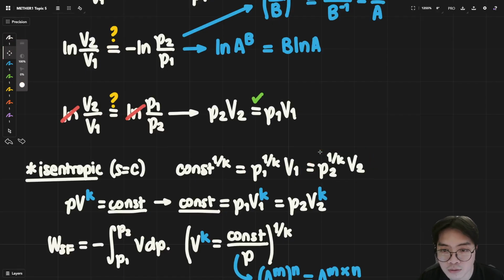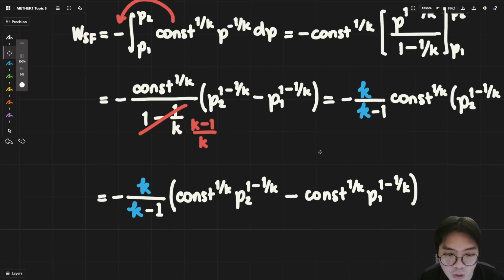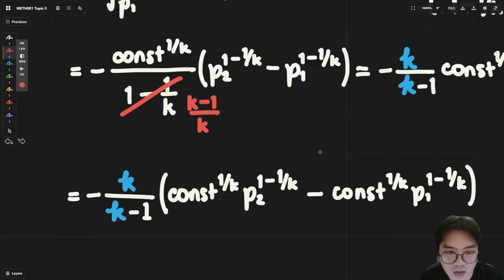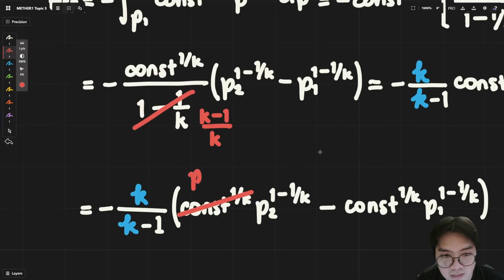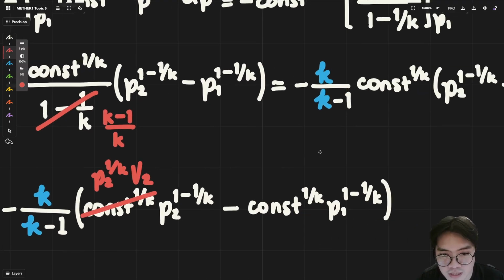So let's replace our constants raised to 1 over k. This one I can replace with the definition for state 2, which is P2 raised to 1 over k times v2. And this one with the definition for the first state, which is P1 raised to 1 over k times v1.